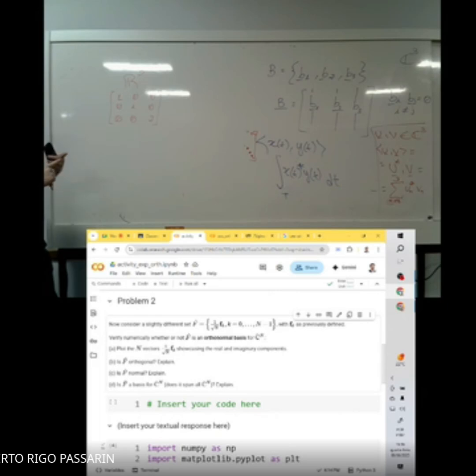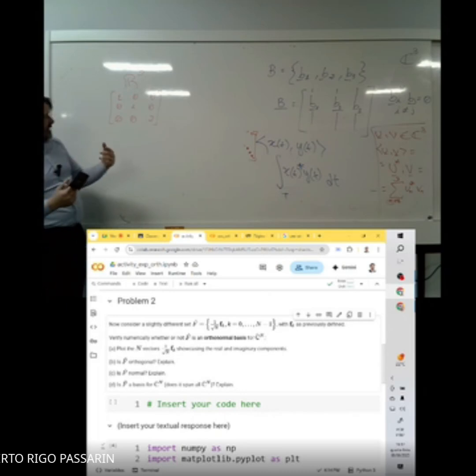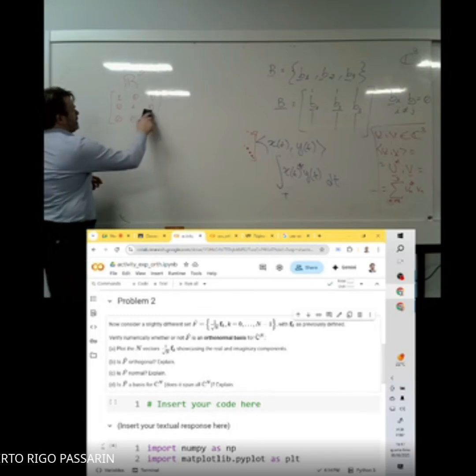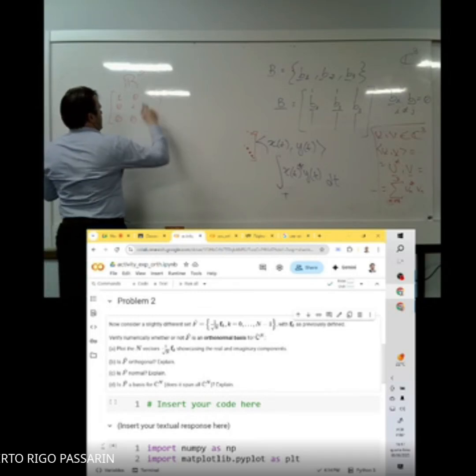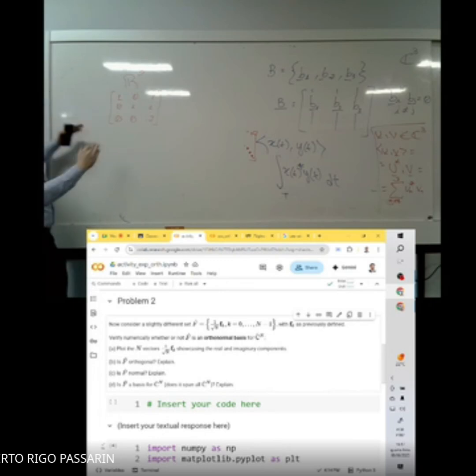The inner product among them is 0. There are other scenarios where I have a basis, with this, for instance, 1, 1, 2. I still have a basis. The inner products are not 0 because they're not orthogonal, but they're complete. They can span the whole space.